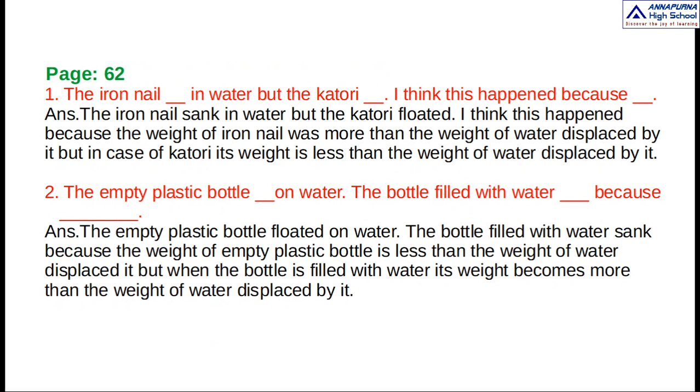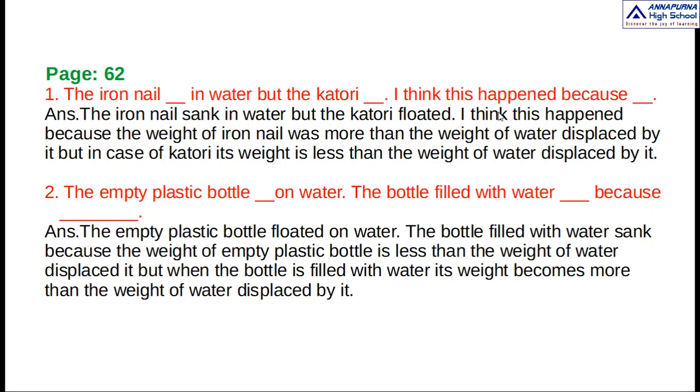Okay children, next, page 62. The iron nail. What happened here? The iron nail sank in water, but the katori floated. This happened because the weight of the iron nail was more than the weight of water displaced by it.